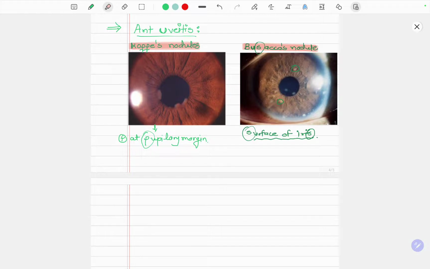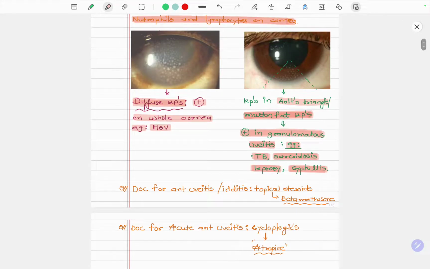Koeppe's spelling contains two P's, so the nodules are present at the pupillary margin. P, remember P: Koeppe nodule, pupillary margin. Now Busacca's nodules are present on the surface of the iris. Simple.